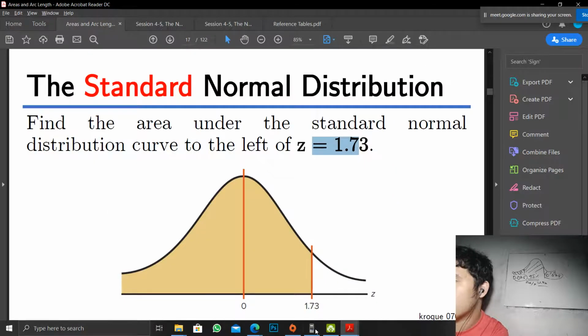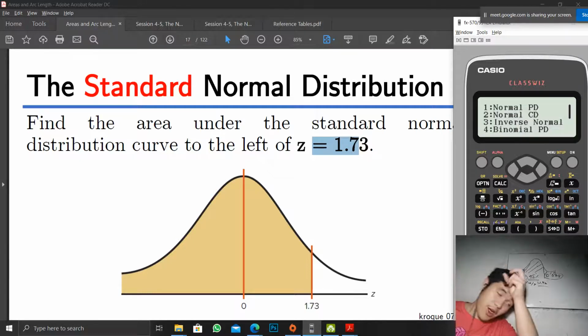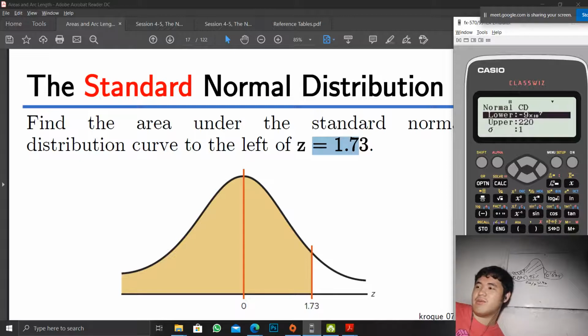Kaya yung sagot dito. Pero actually, guys, let's look at this. Use the normal CD function on the calculator. I hope na you can start this up sa inyong computer, or if you have the regular calcu, I hope you can use this. Lower value is negative 9 times 10 to the 7th.